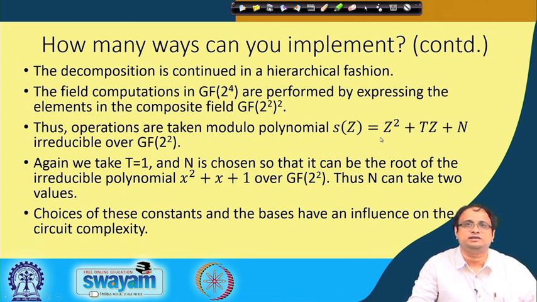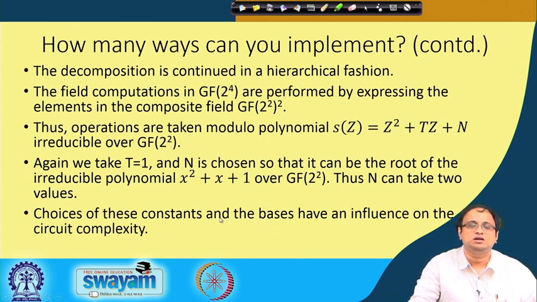Here again, this is an irreducible polynomial over GF(2^2). Like in the previous case where we made tau 1, now we make t 1, and this capital N is chosen so that it is a root of the irreducible polynomial x^2 + x + 1 over GF(2^2). So this equation has two roots, and therefore N can take two possible values.